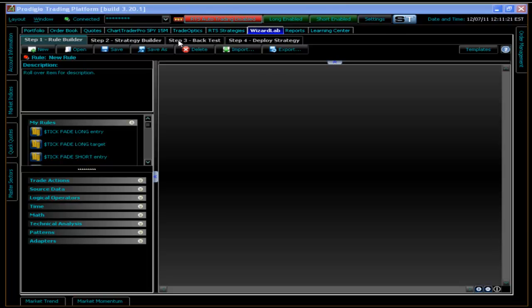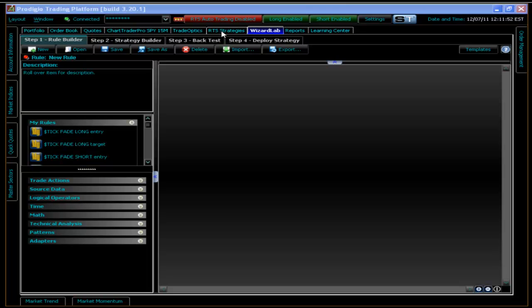Now the question is, how do we get them into here? This is the Prodigio platform that you all should have open. Remember that all of these strategies we talk about, before they fire and become active strategies deployed inside of your Prodigio, have to start as strategies built using all sorts of nodes called rules, and they have to start in the section of Prodigio called Wizard Lab.